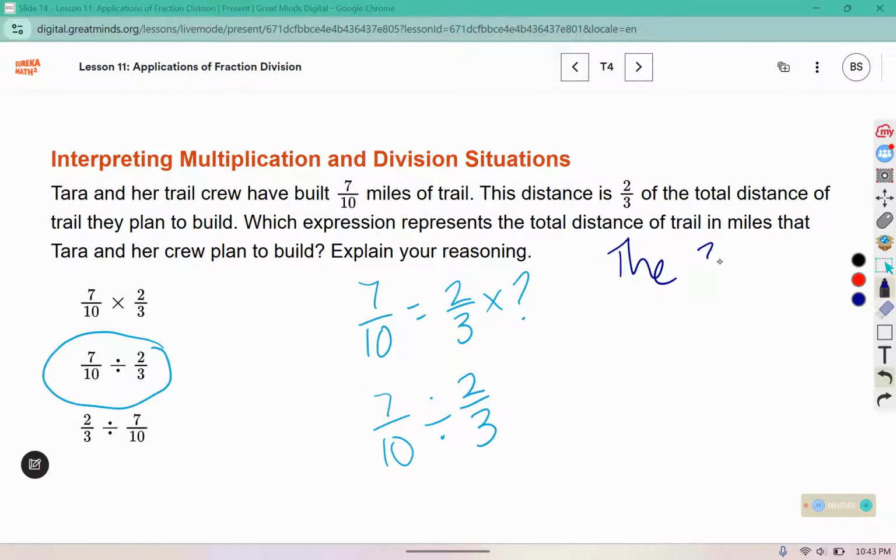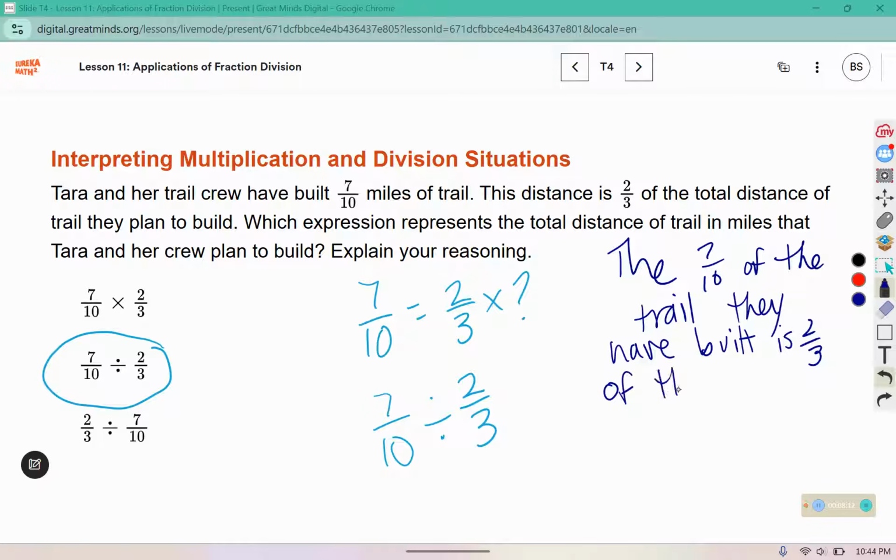The 7/10 of the trail they have made or have built is 2/3 of the total distance. So the unknown can be found using this division expression.